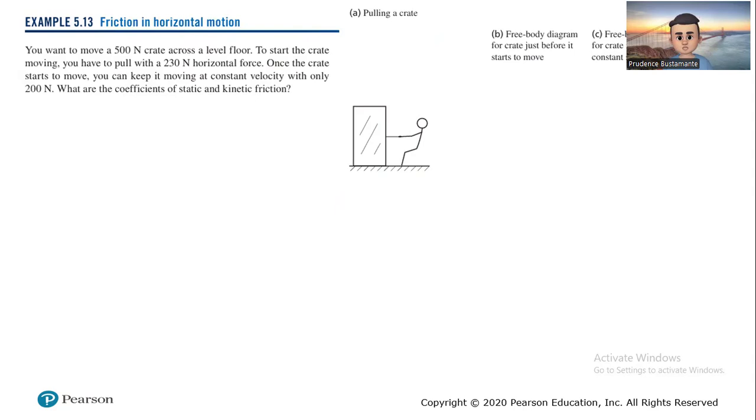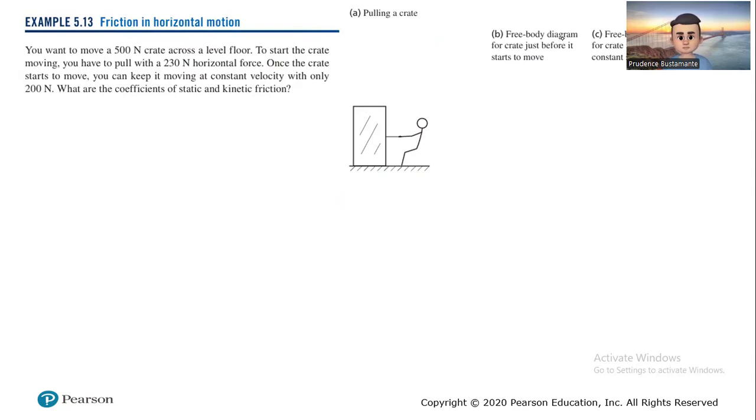Once it starts to move, you keep it moving at a constant velocity with only 200 Newton. You can see here that for the crate to move, you need to exert a stronger force compared to maintaining it at a constant velocity. What are the coefficients of static and kinetic frictions then?